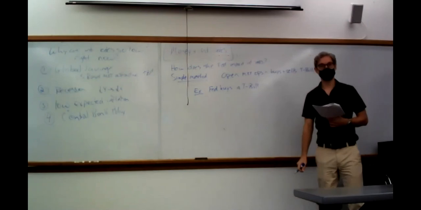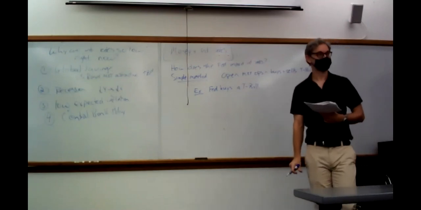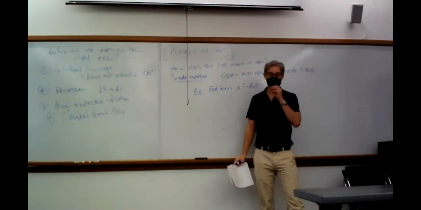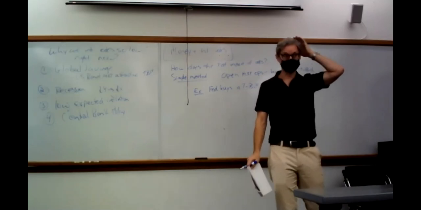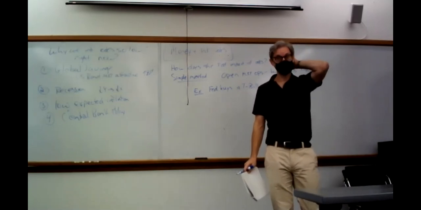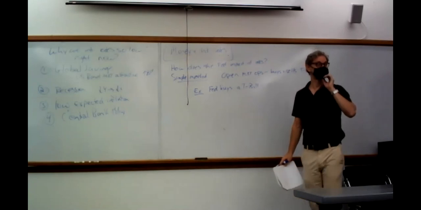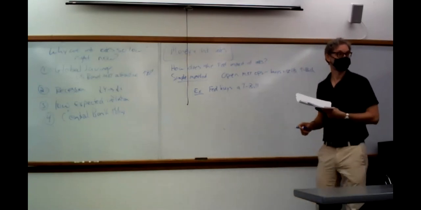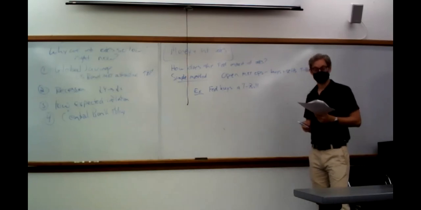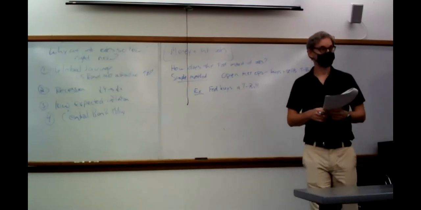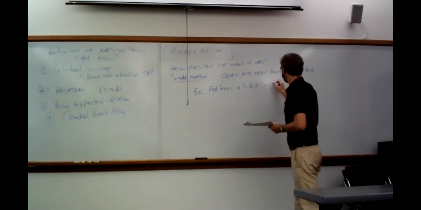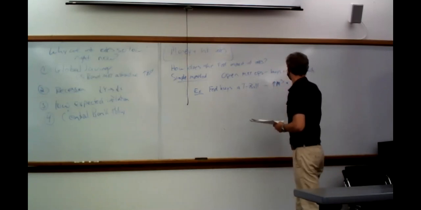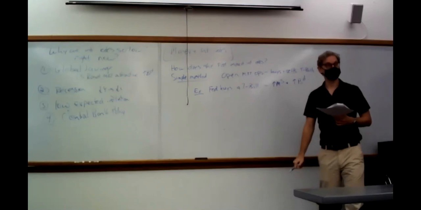So what happens when the Fed buys a T-bill? The Fed goes out and they buy $10 million of T-bills. What are they doing? Right, so they are increasing the money supply and increasing bond demand.